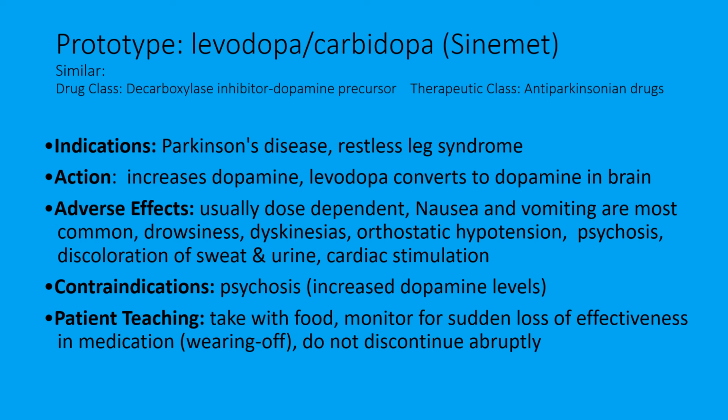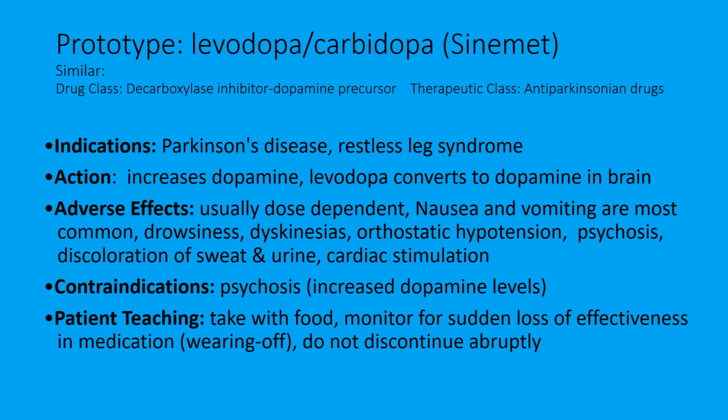Okay, so why the carbidopa? Levodopa is broken down very quickly in the bloodstream. So when this drug was being researched many years ago, someone added a chemical called carbidopa, which is broken down in the bloodstream and in the liver, sparing the levodopa, allowing higher levels of levodopa to be maintained in the bloodstream and getting to the brain.